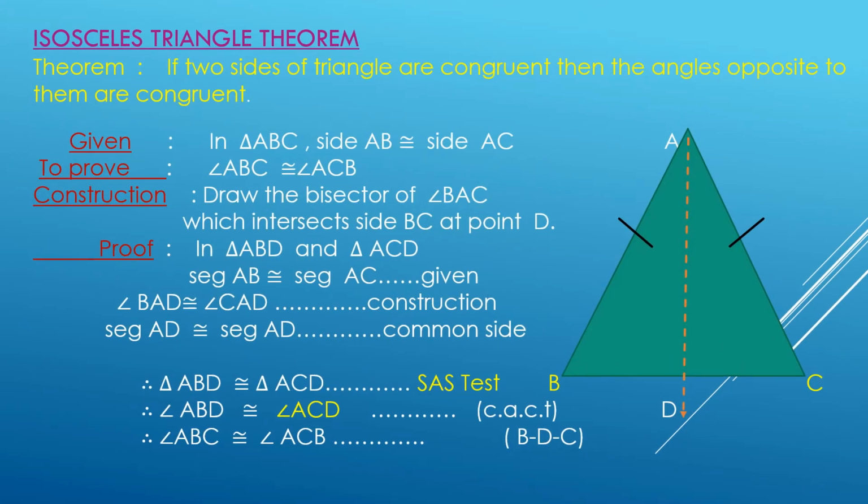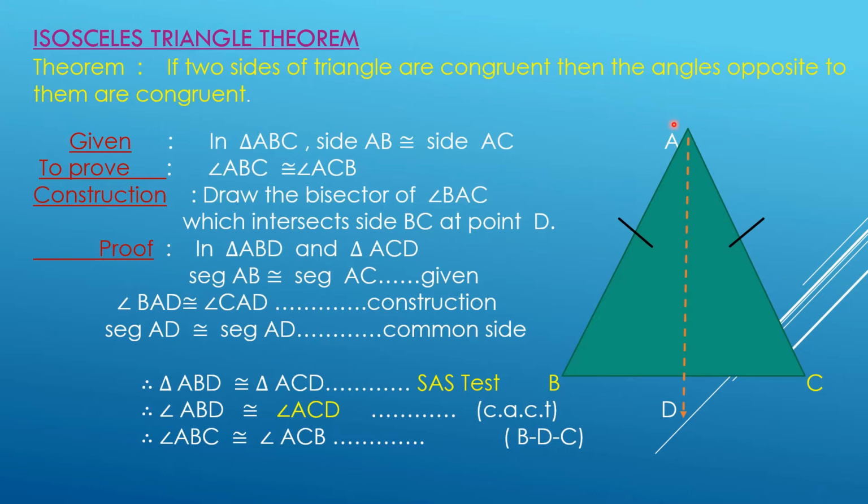Let's learn the isosceles triangle theorem. Statement: if two sides of a triangle are congruent, then the angles opposite to them are congruent. That means if two sides of the triangle are given to be congruent, we have to prove that the angles opposite to them are also congruent.